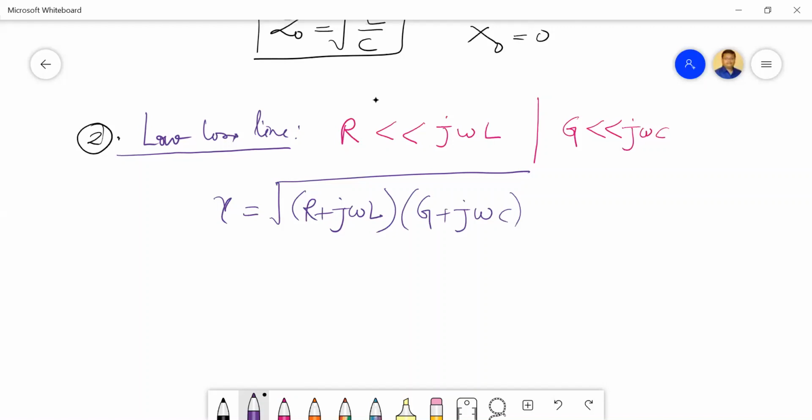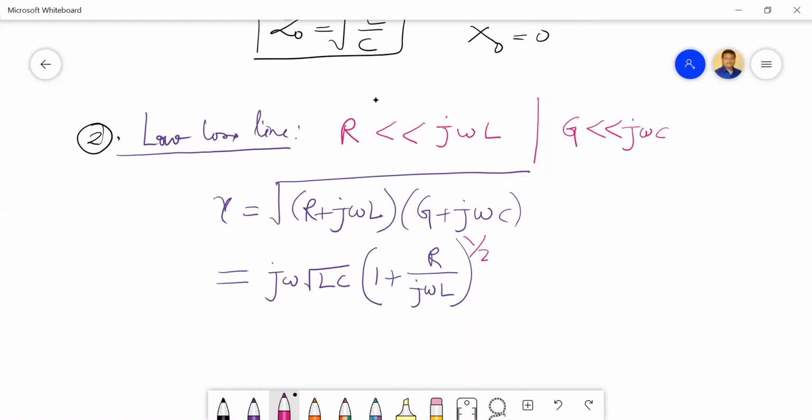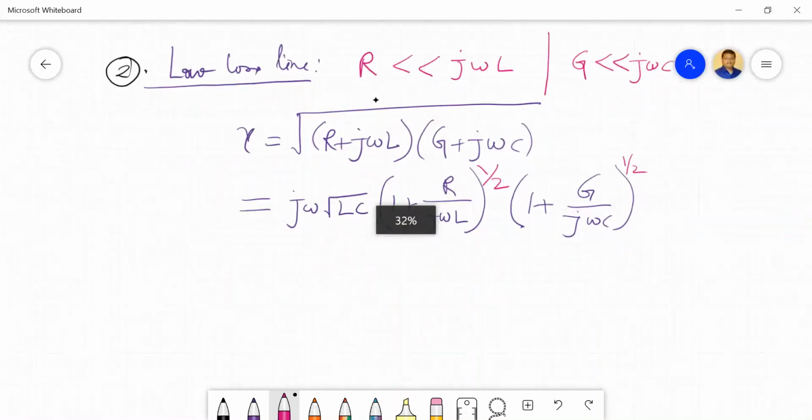So better to write like this: j omega under root LC, take it out common, and you are left with (1 plus R over j omega L) to the power half. And this second term will be (1 plus G over j omega C) to the power half. I think this is okay.